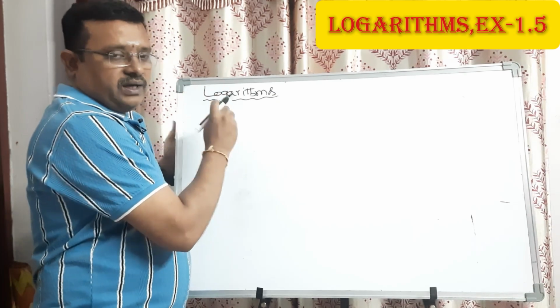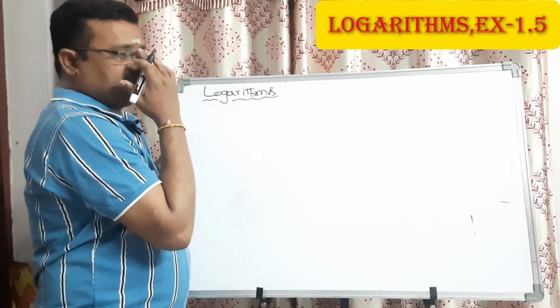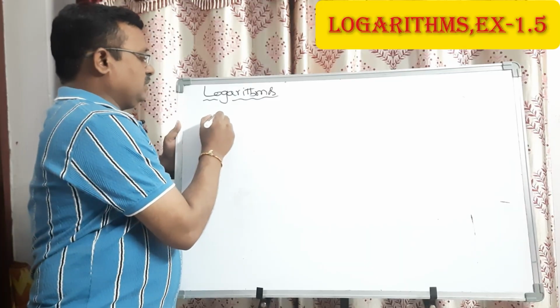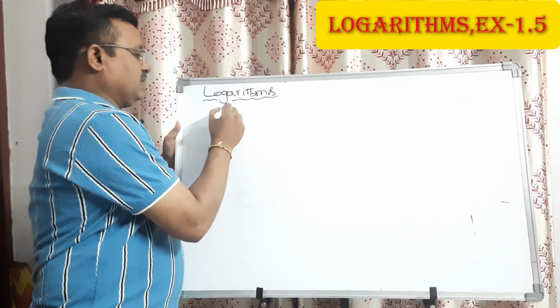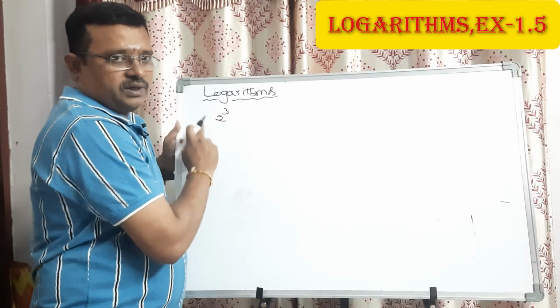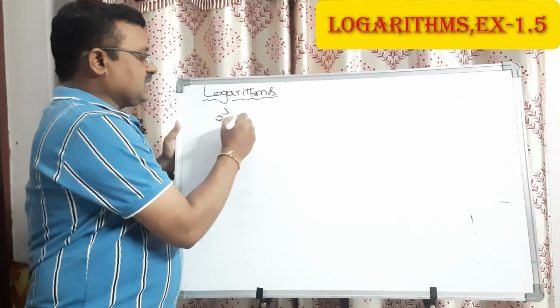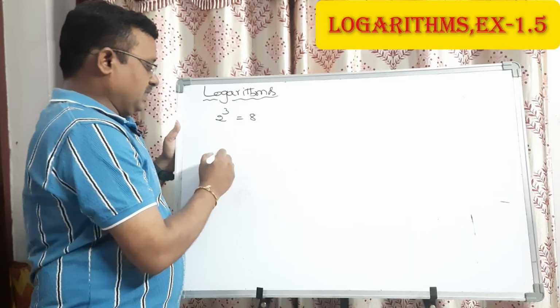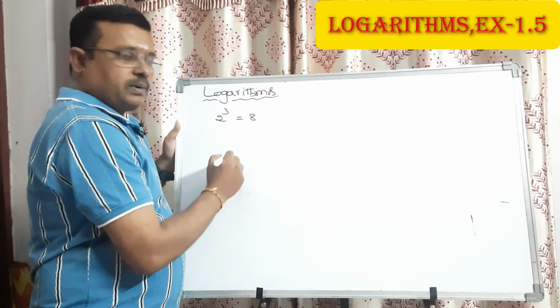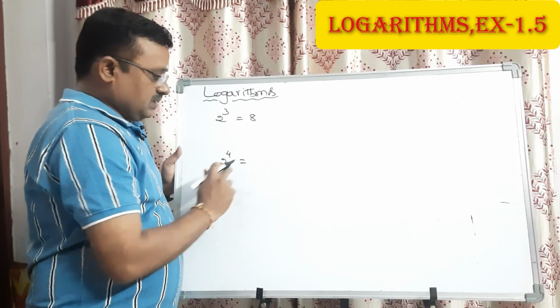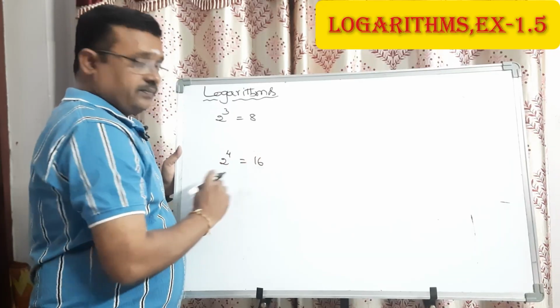How and from where we will get these logarithms, just observe this concept. If we have 2 power 3, it is called exponential form. Its answer everybody knows, that is 8. In the same way, if you take 2 power 4, automatically the answer will become 16.